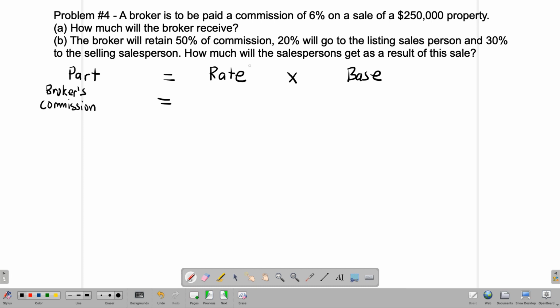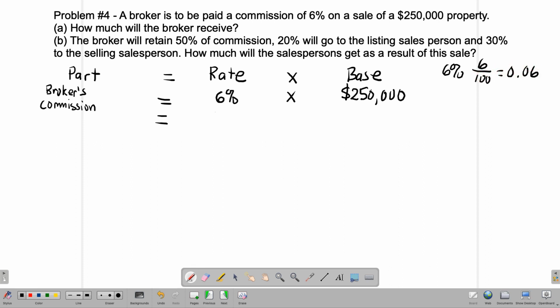It says a commission of 6%. So 6% would represent the rate. And we have a sale price of $250,000, so the base would represent the $250,000. What this says is that we're trying to solve for the broker's commission. This one is easy. We take the 6%, just like we did previously. We have 6 divided by 100, which is going to give us a value of 0.06.